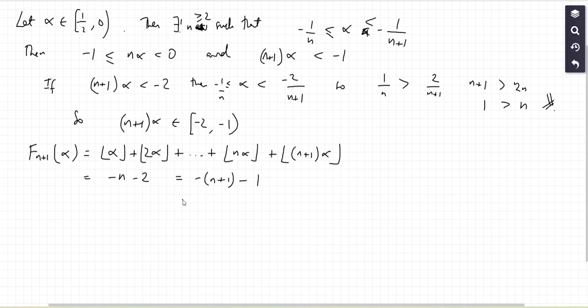So is that divisible by n plus 1? Well, no. So, okay, we're lucky. Really, I didn't plan for that. That's minus n. So alpha is then not in S, f_{n+1}. So alpha is not in S.